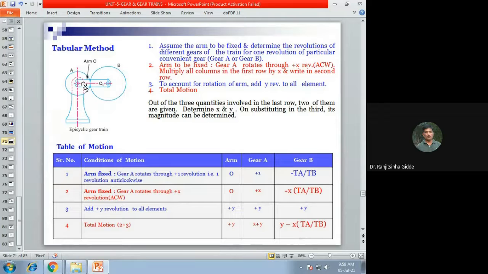So O1 is the center of gear A, and O2 is the center of gear B. The axis of rotation of gear A passes through O1, and the axis of rotation of gear B passes through O2, right? And this one is the arm. For understanding purposes, only two elements along with the arm are considered, so we can understand with a simple combination.